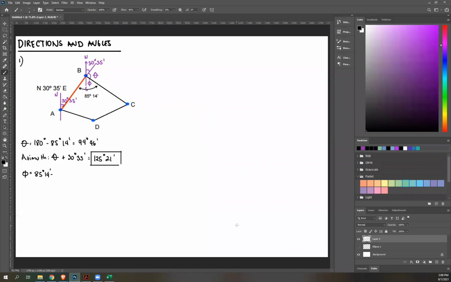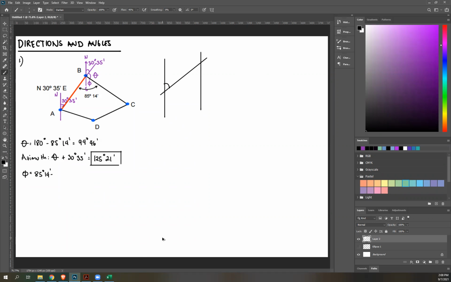Correct, it's 30 degrees 35 minutes. Because if you figured your theorems on angles, these are alternating interior angles. This is theta 1, this is theta 2, alternating interior, therefore they're the same. Alternating interior angles are equal.